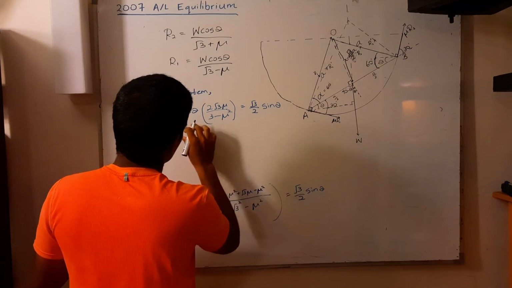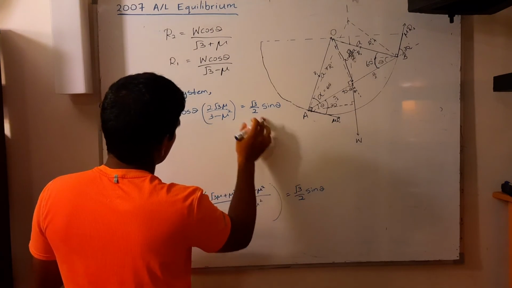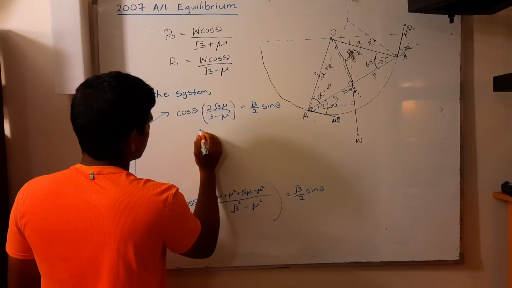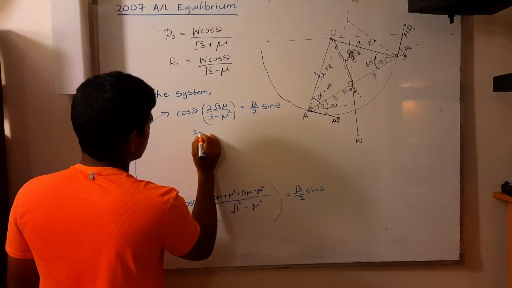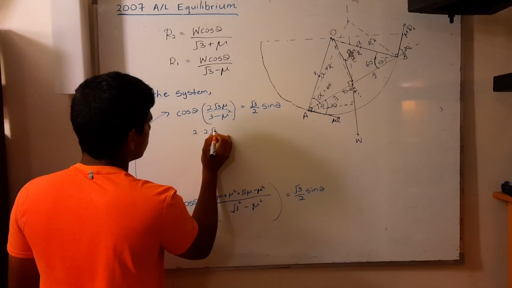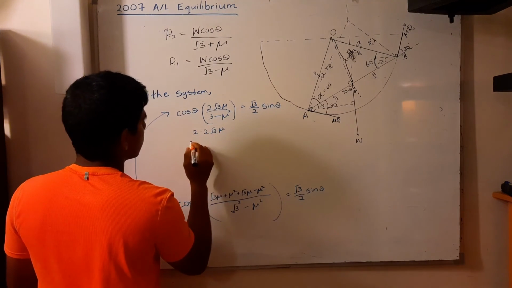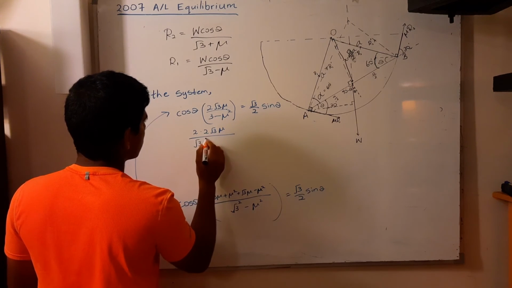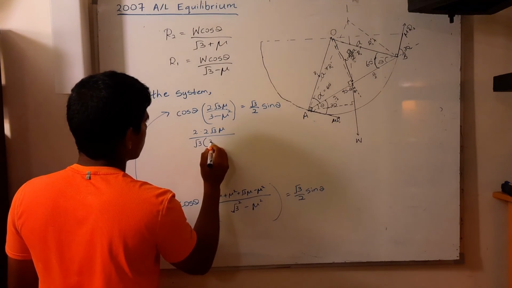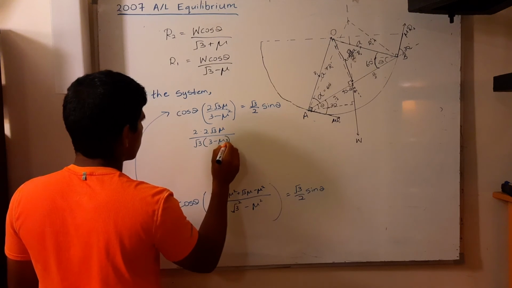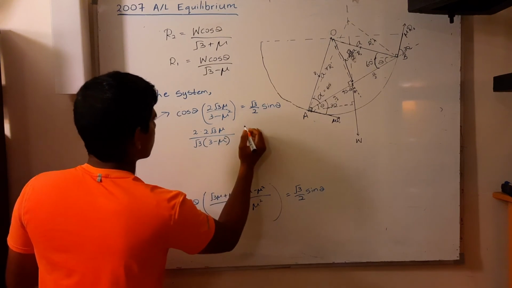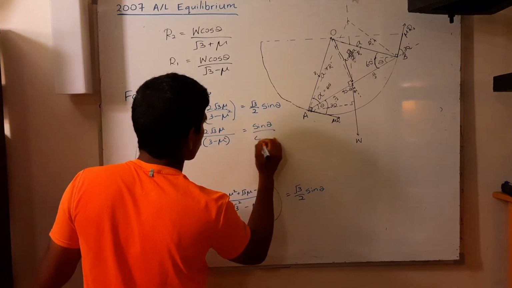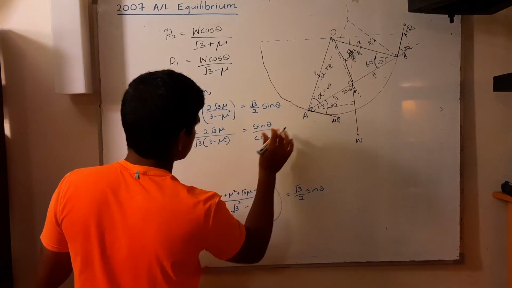If you take cos theta to this side and these values to this side, you get 2 into 2 root 3 mu over root 3 equals sin theta over cos theta.